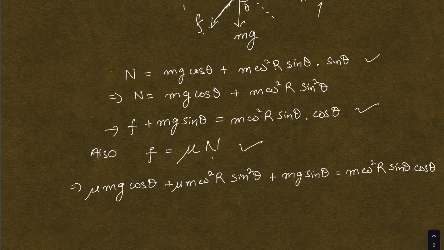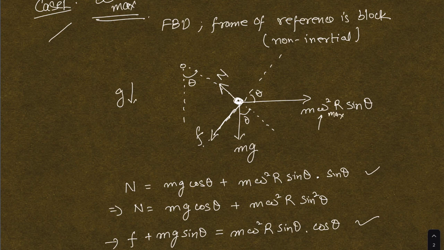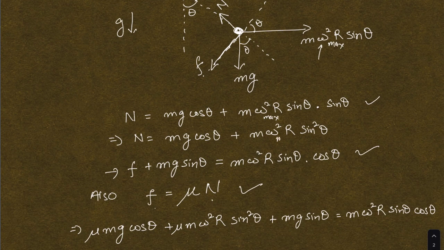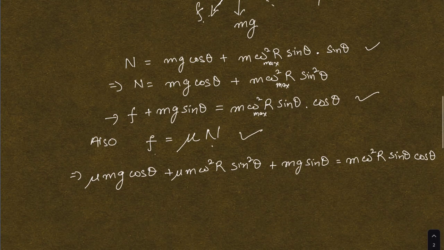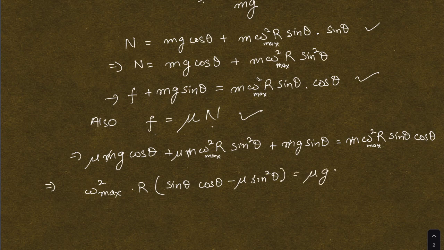By the way, this is the case of omega max, so we can replace omega with omega max in the analysis of this entire case. So this implies that m cancels out from all the terms. This implies that omega max square r times sine theta cos theta minus mu sine square theta equals mu g cos theta plus g sine theta.